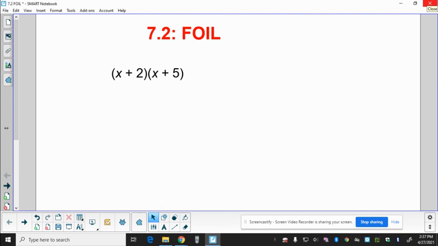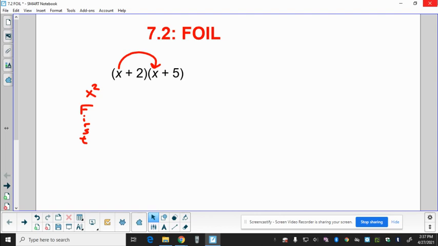So the first thing we do is we take this first term x and we multiply it to the first term of the other expression. Okay, so that we call F, or the first. X times x is x squared.